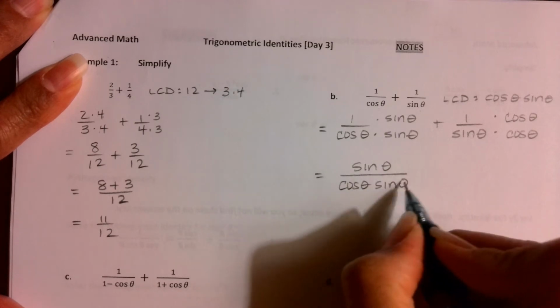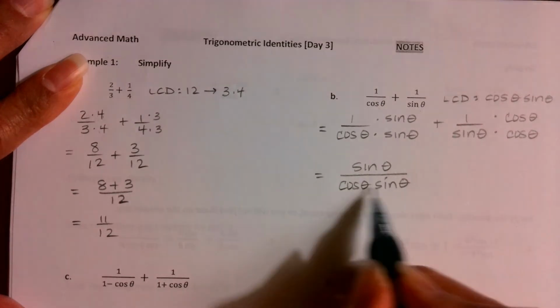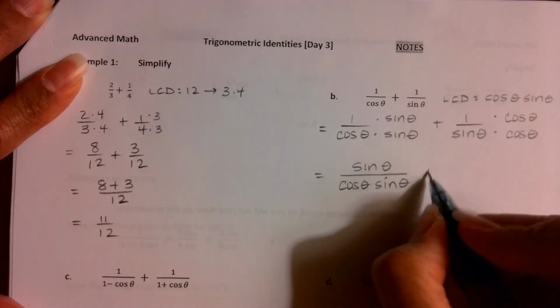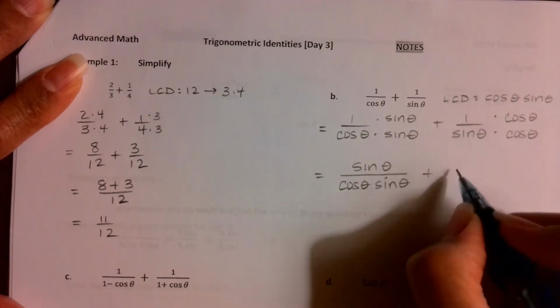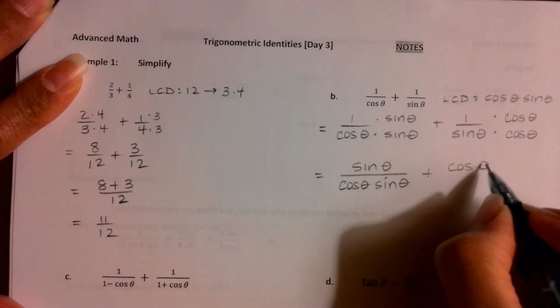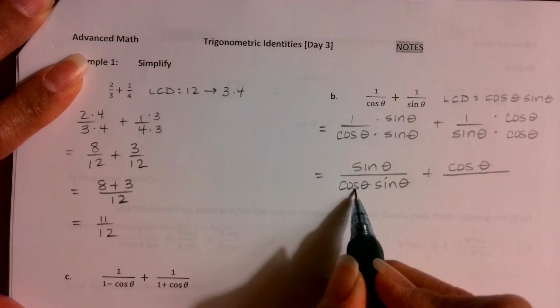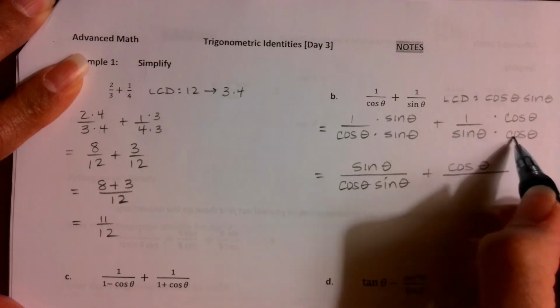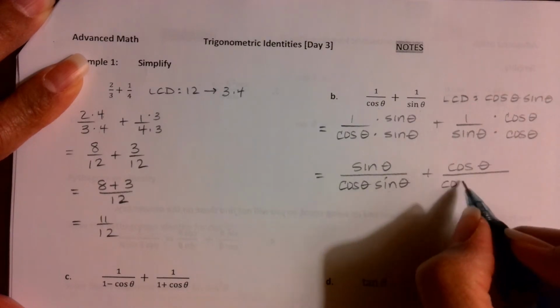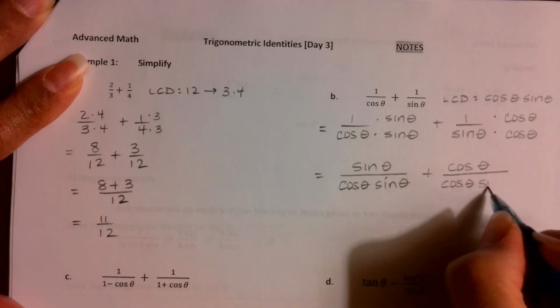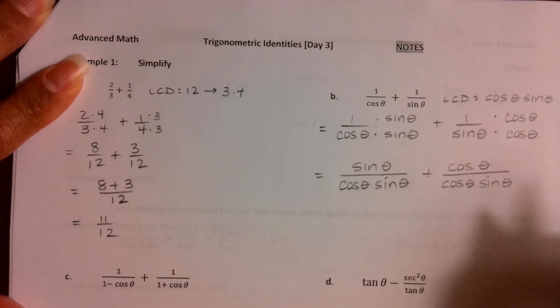We write them next to each other. You can't merge them, they're distinct, plus 1 times cosine, and we'll put them together. Now since we mentioned cosine here first and then sine, I'm going to flip these around. And we can do that because it's commutative.